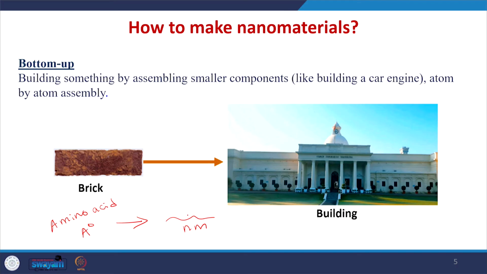And DNA is made up of nucleotides, that is A, T, G and C, and the size of each nucleotide is in the range of angstrom, and these nucleotides combine and form the nanoscale DNA. So, from a very small size you are reaching the nanoscale, so that is called the bottom up approach.